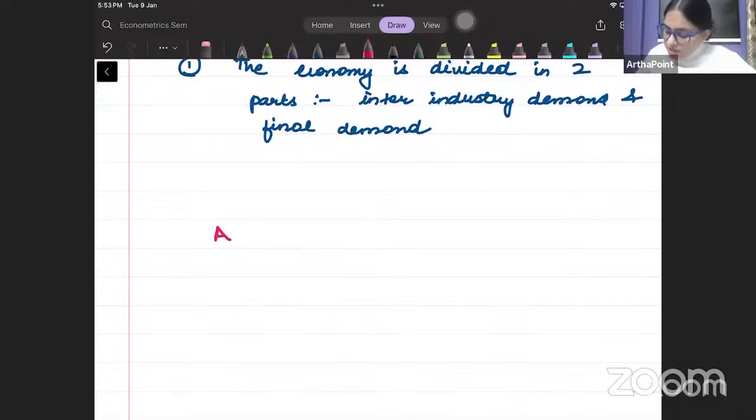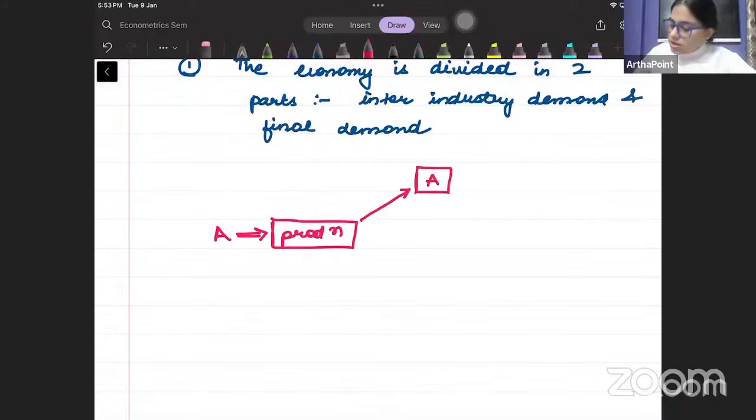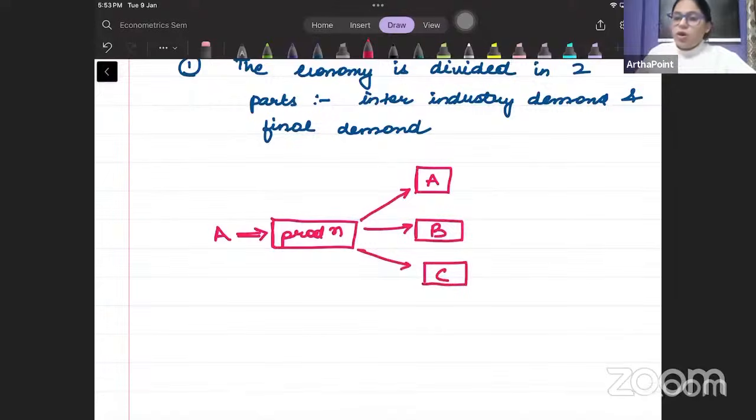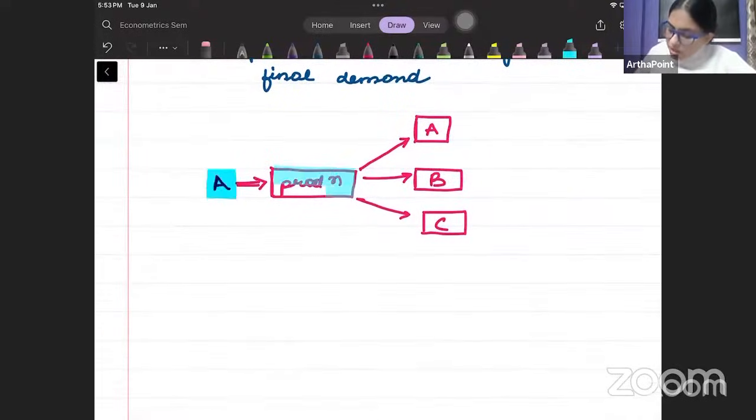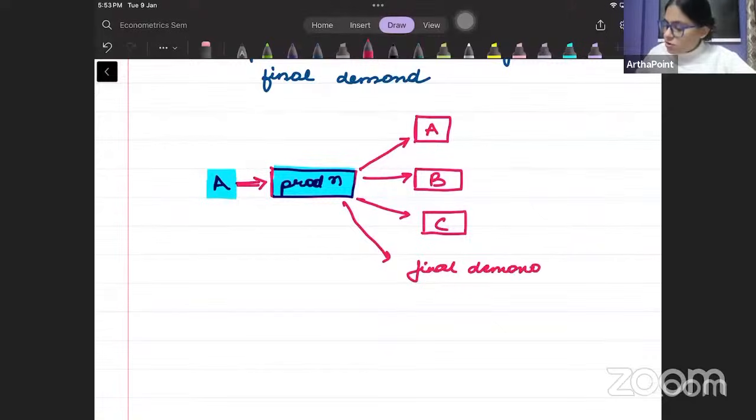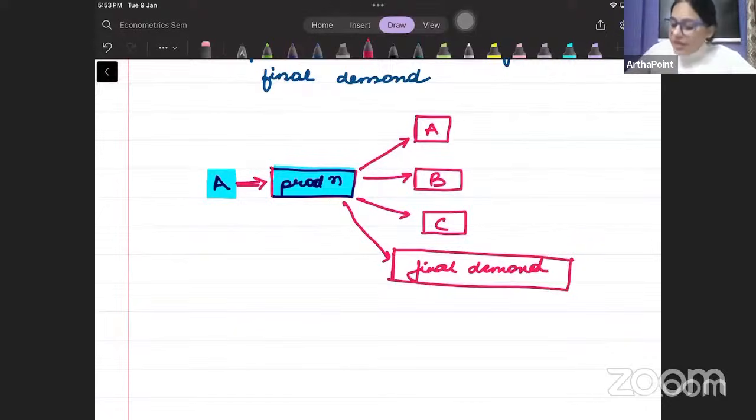हाँ, अब इस इंडस्ट्री ए ने जो भी प्रोडक्शन किया है, whatever it has produced, ये इंडस्ट्री ए में भी यूज होगा एज एन इनपुट, ये इंडस्ट्री बी में भी यूज होगा एज एन इनपुट, ये इंडस्ट्री सी में भी यूज होगा एज एन इनपुट, और जो इस इंडस्ट्री ए ने प्रोड्यूस किया है, ये शायद फाइनल कंज्यूमर डायरेक्टली भी डिमांड कर ले, तो इसकी फाइनल डिमांड भी हो सकती है. तो ए ने जो भी प्रोड्यूस किया, whatever has been produced by A, it will be used by industry A itself, it will be used by B, it will be used by C, and it will be used by final consumer also. ये चार parts में we will be able to divide it. ठीक है?